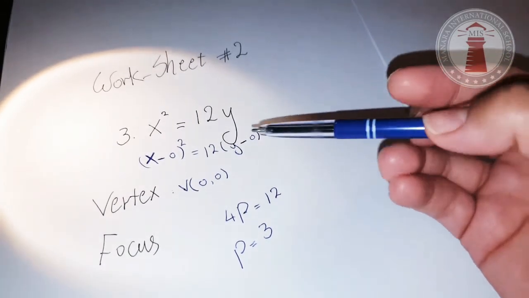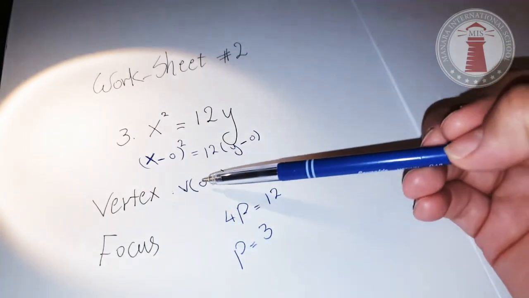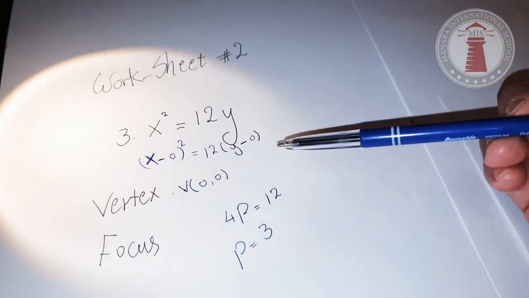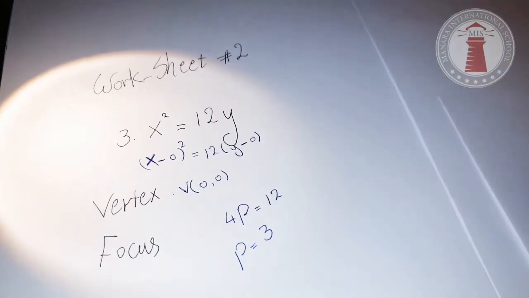Now we already have our vertex at (0, 0), and it is a vertical parabola. Let's use this paper to do this.